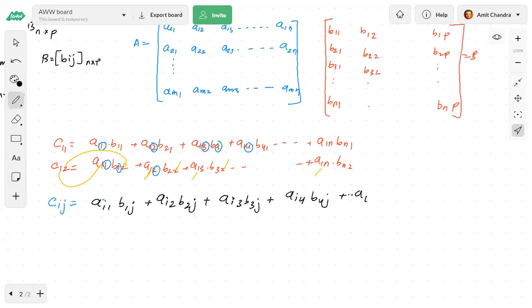The last one, Ain Bnj. Just check this. Suppose I write C11, so A11 B11, A12 B21, A13 B31, and so on. So we can write all the elements of Cij as sigma of r moving from 1 to n, Air and Brj. Just check this.